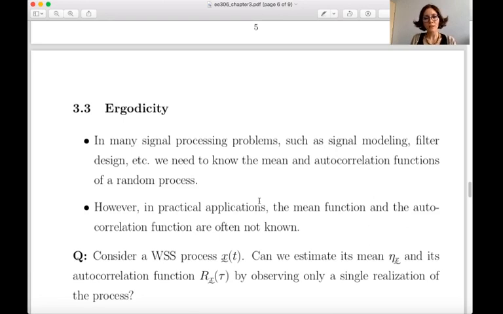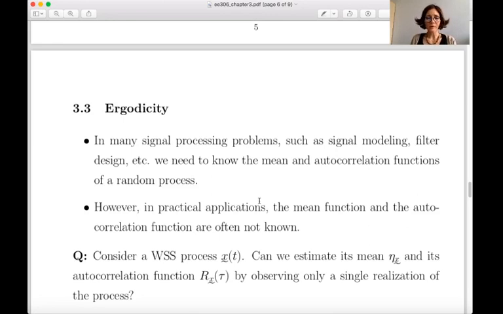The most immediate statistical properties that you will need in order to design some filter or some kind of operation on your signal are the mean function and the autocorrelation function. These are two immediate things that you have to know about your signal. When you know the mean function and the autocorrelation function, you can already design some filters. You can do things like predict future values of your signals and so on. These are more advanced topics on signal processing, but it is possible to do.